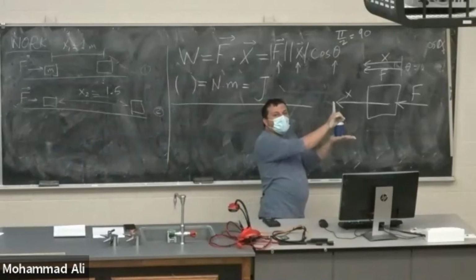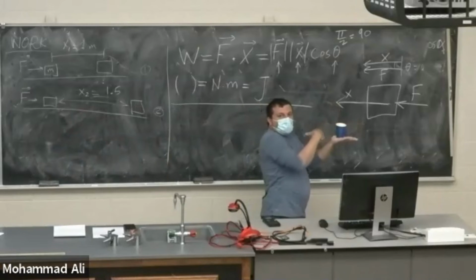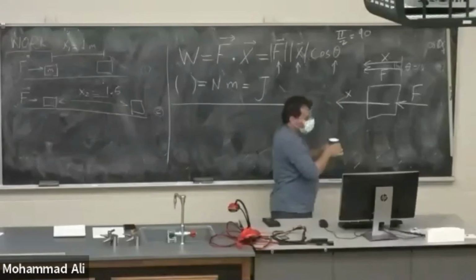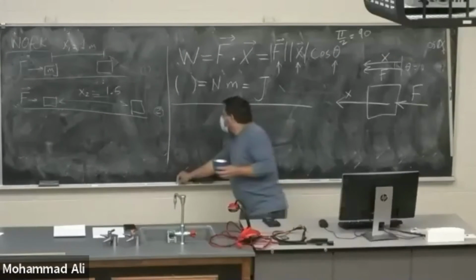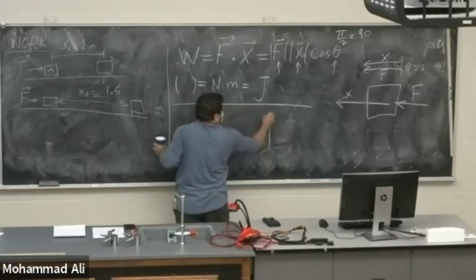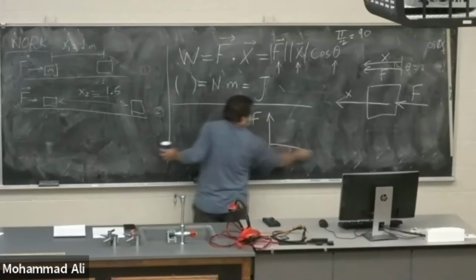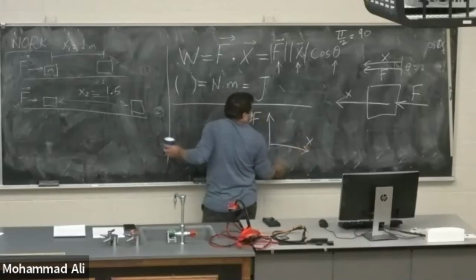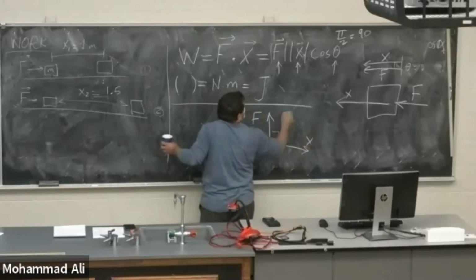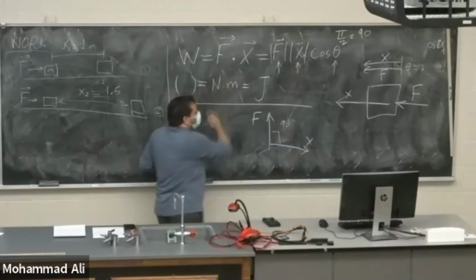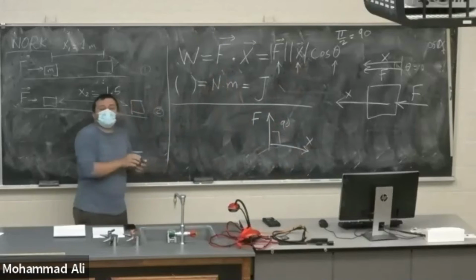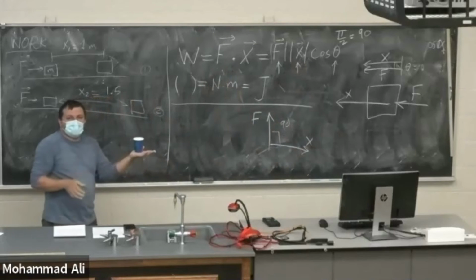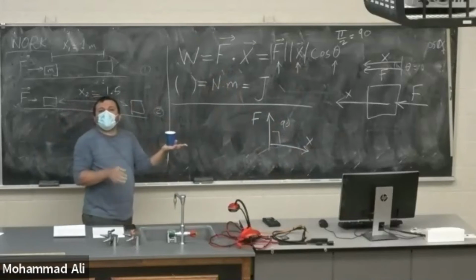My force is upward, and x is to the left with respect to me. So the force is upward and the motion is in this direction. Theta is 90, cosine 90 is 0. The work is 0. If you start carrying anything like this, your work is 0.